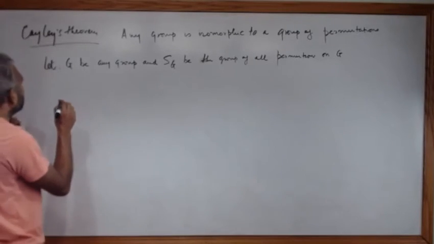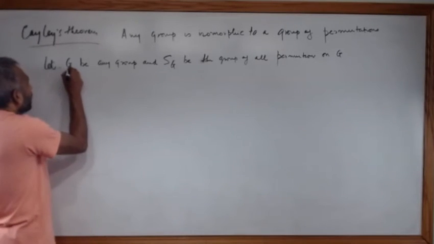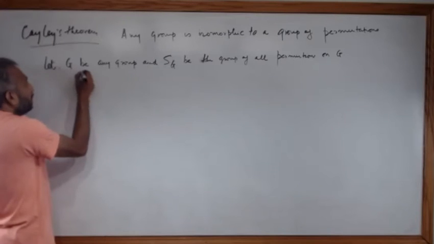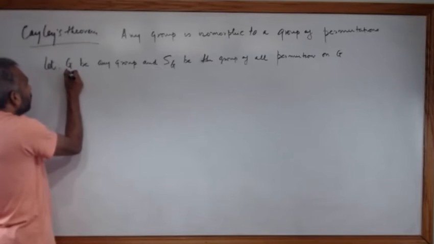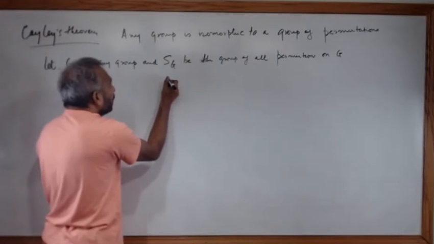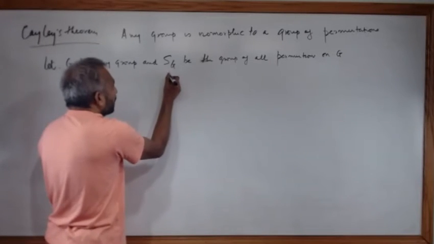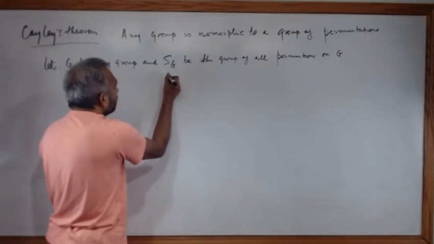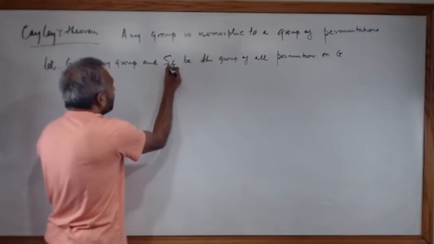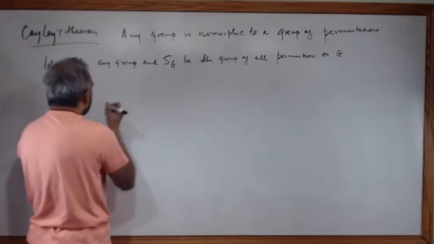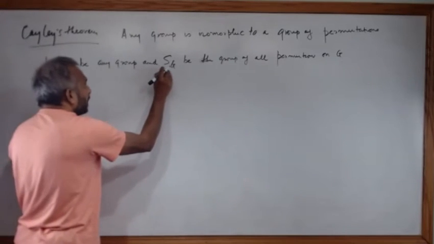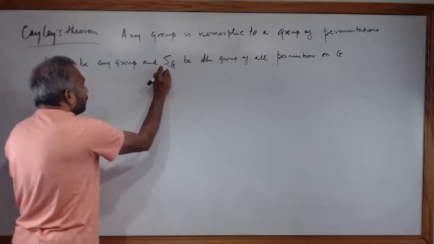So what we do is take an element from G and map it to a permutation, and this permutation is a bijective map from G to G. First let us define a permutation that we are going to consider.